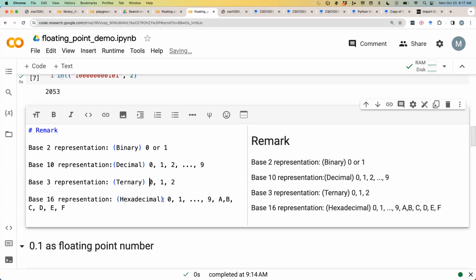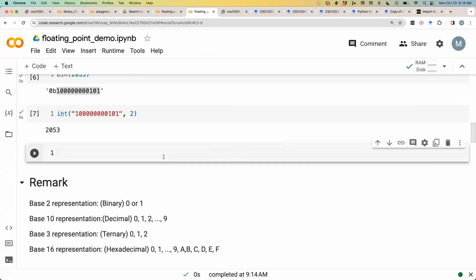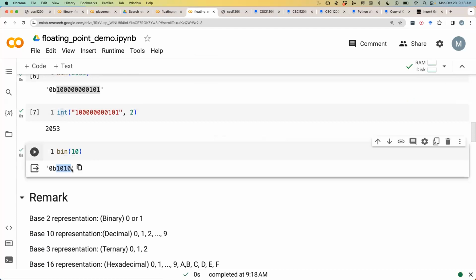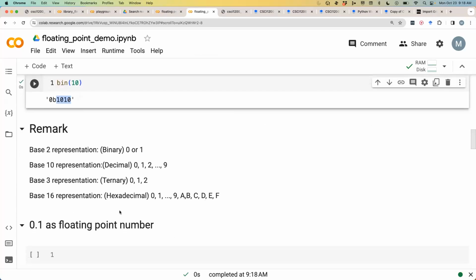Okay, so these are just some remarks. You have seen hexadecimal, for example, in your HTML documents, where the color encodings are in base 16 representations. Your IP address is also in hexadecimal representation. So the idea is that if you look at 10, as a binary, 10 is represented as 1010.